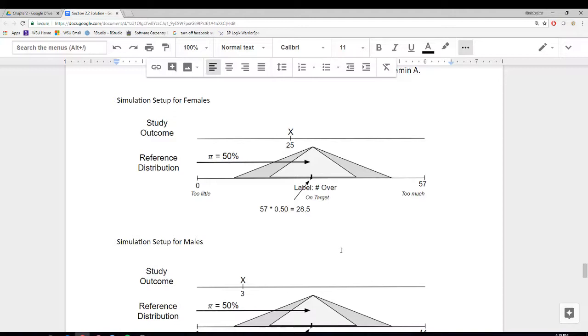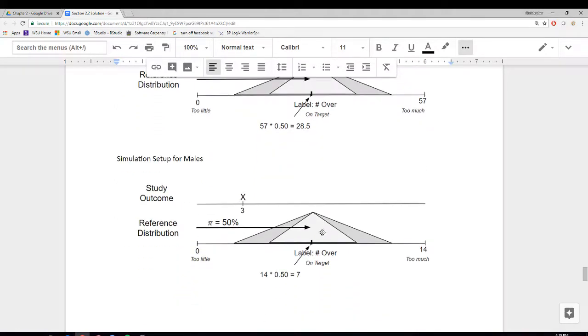One thing we should concern ourselves with, when we're talking about whether or not we're an outlier, is what the actual numbers are. When I'm up around 28, 29, 25 doesn't seem very far off. It's what, 3.5 away? That isn't very far off from 28.5. On the other hand, for males, being 3 or 4 off is actually quite a bit on this number line.